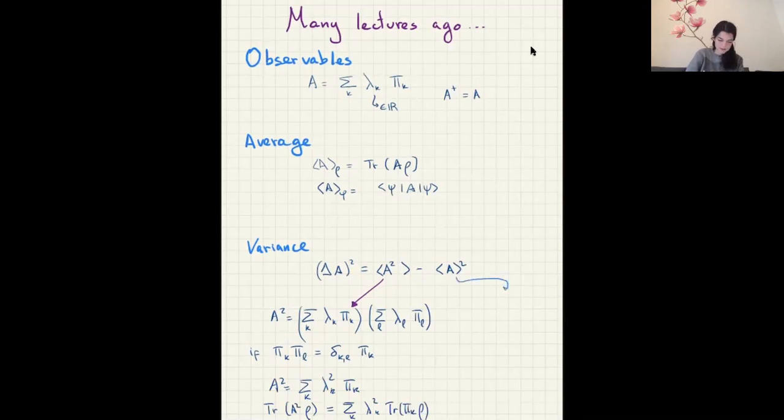That's this side, and on the other side we have the trace of this times itself.